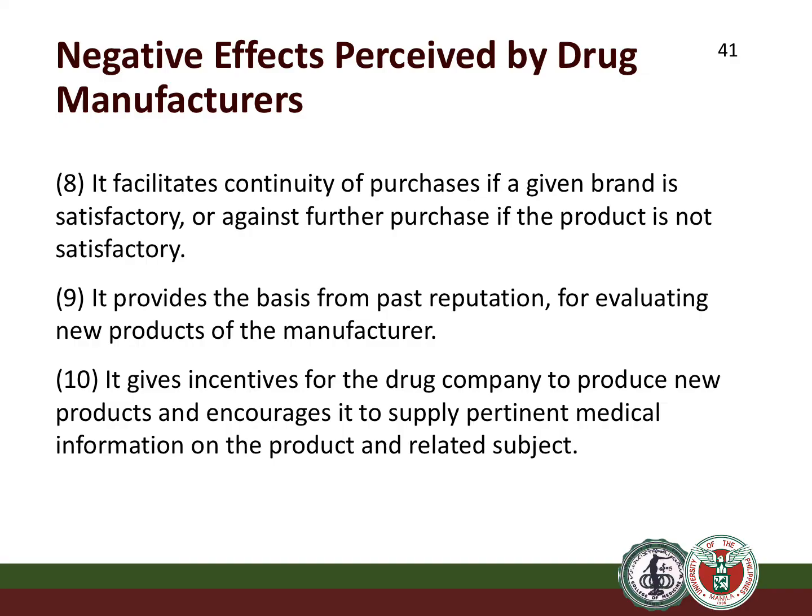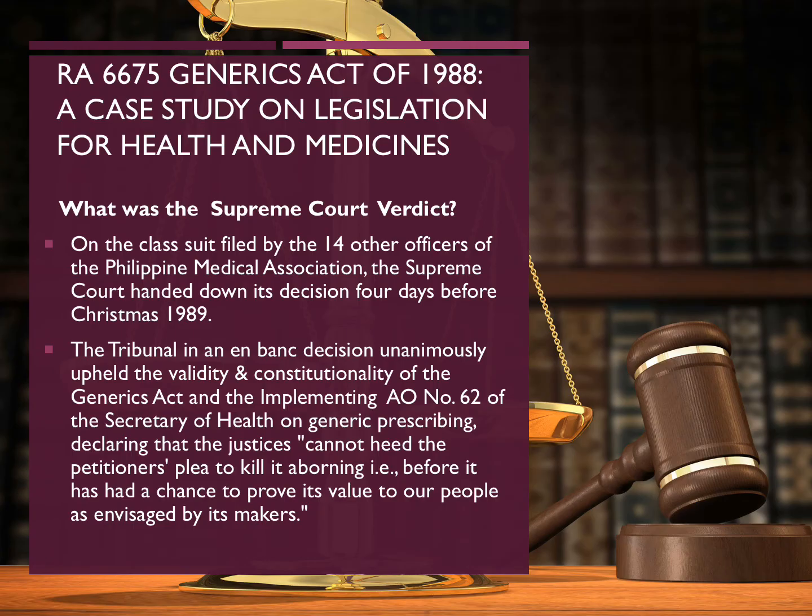So what do you think happened with this suit, no, in the Supreme Court? What was the Supreme Court verdict? Well, of course, the Supreme Court said that unanimously they uphold the validity and constitutionality of the Generics Act and the implementing AO number 62.